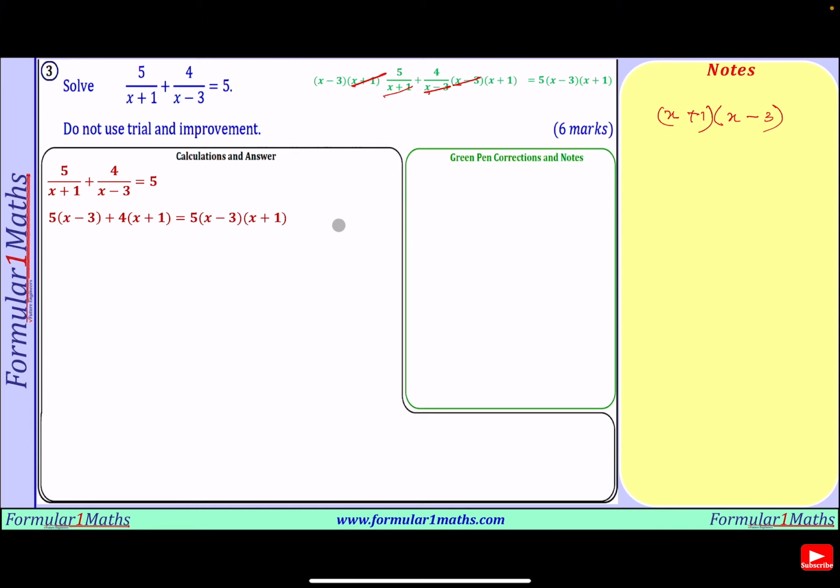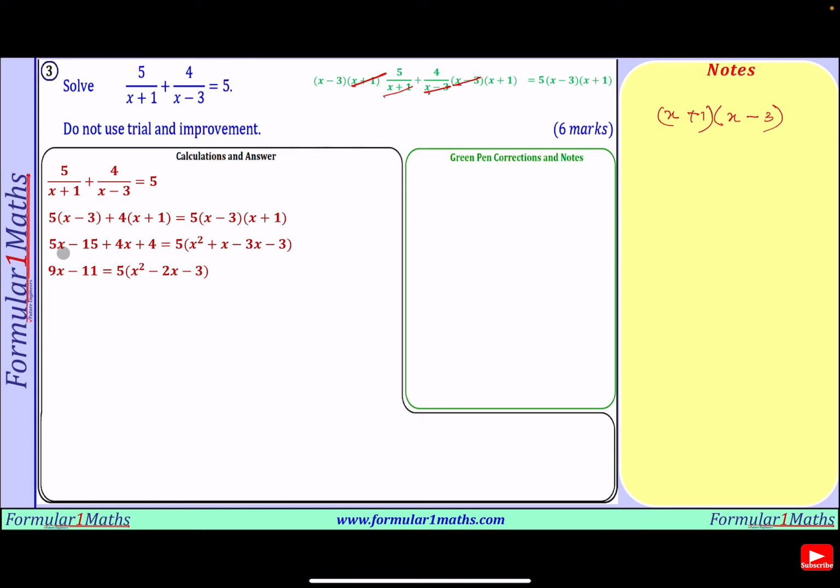So if you expand, we are going to get 5x minus 15 plus 4x plus 4 is equal to 5. And then you expand this one, you're going to get x squared plus x minus 2 minus 3x minus 3. We need to simplify what is in this bracket to get this.